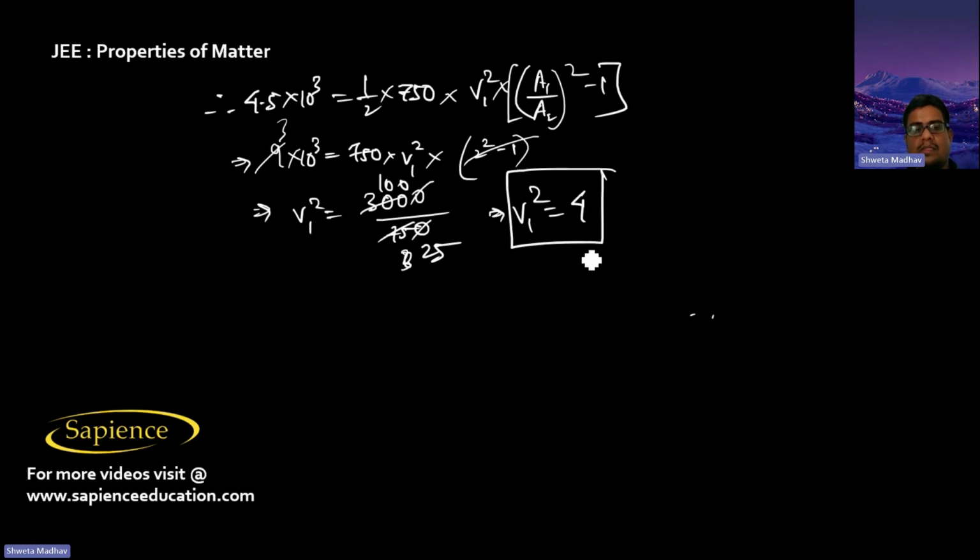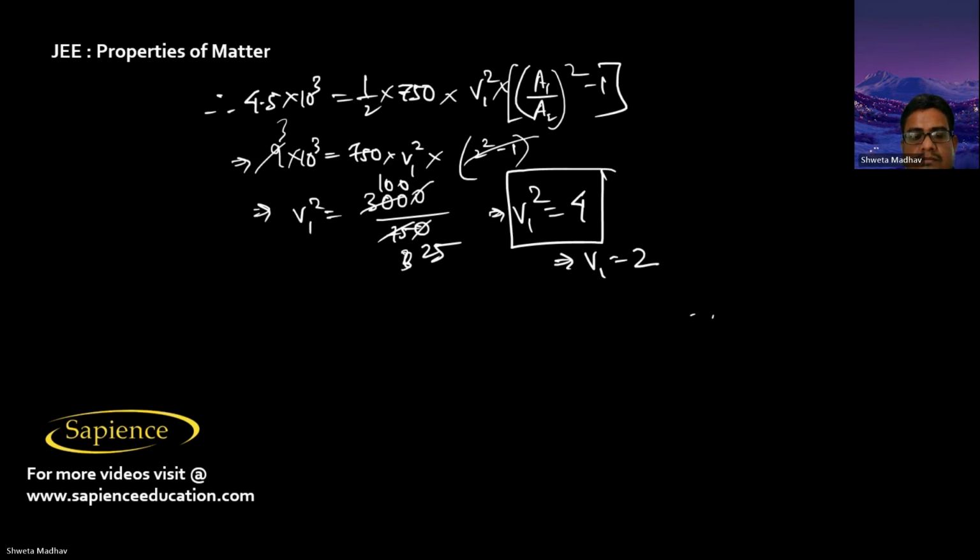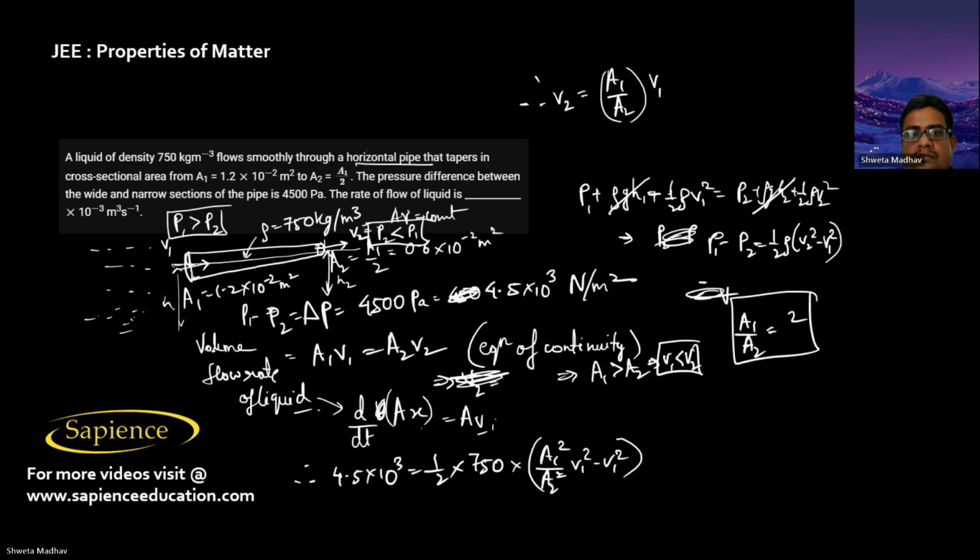So V1 square is 4. Therefore V1 will be equal to 2.